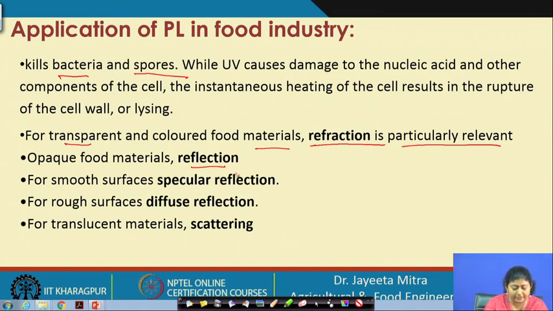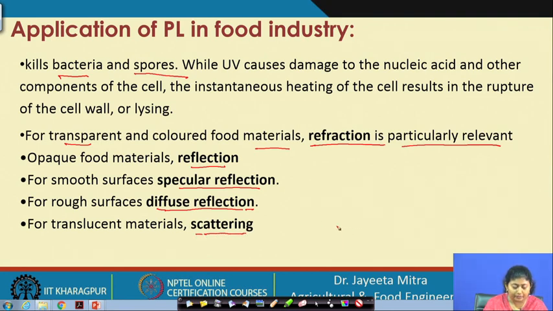We need to see how much will actually be transmitted. For a smooth surface specular reflection will be there, for rough surfaces diffuse reflection will be there, and for translucent material scattering will be there.